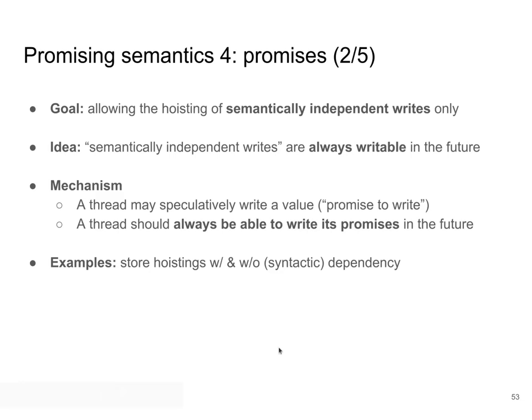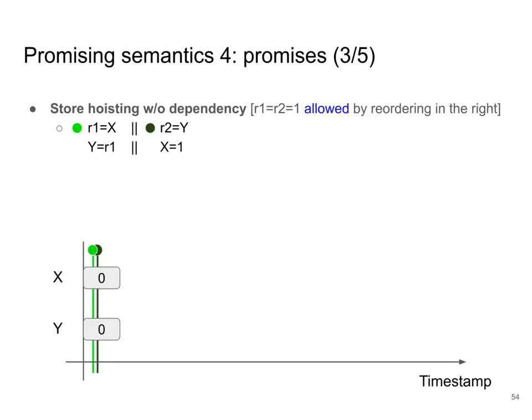This is the high-level mechanism, and let me explain how this idea applies to the above example more precisely. This is the first example, store hoisting without dependency. Let me explain why this should be allowed in the promising semantics. Let's first promise to write x equals 1 from the second thread.